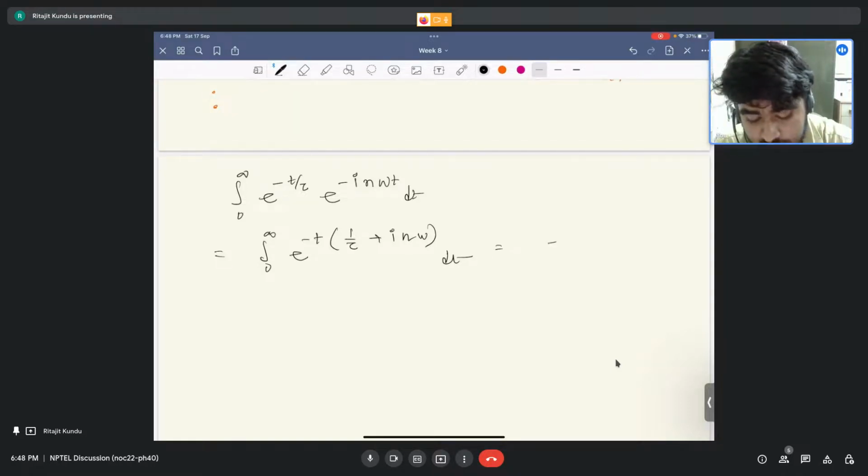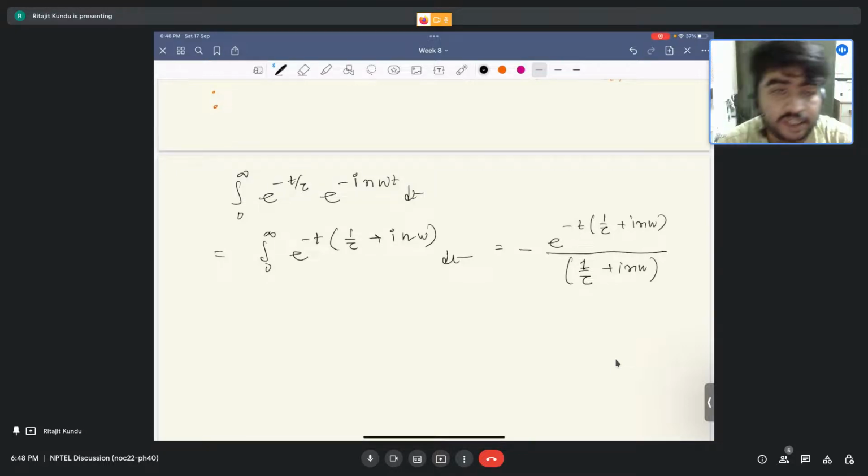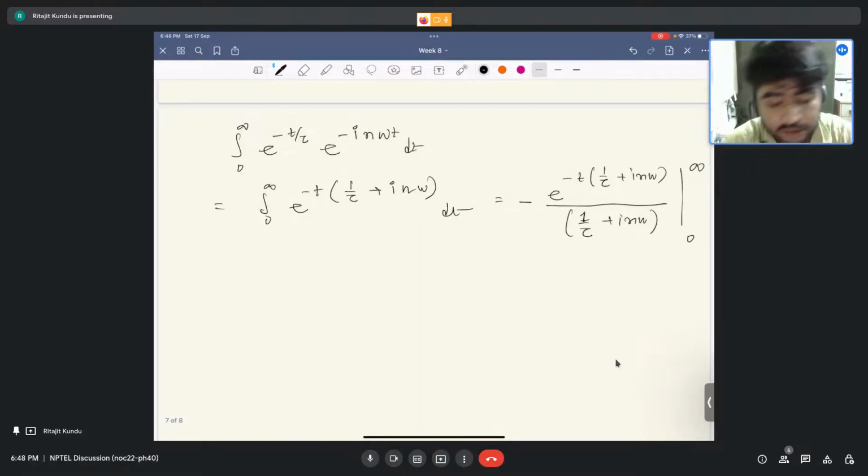So now you can do the integration of the exponentials. So it becomes e to the power minus t times 1 by tau plus i n omega, divided by 1 by tau plus i n omega, and there is an additional minus, and you have to take the limit between 0 to infinity. So what happens is, at the infinity limit, because of this part, this whole quantity becomes 0.